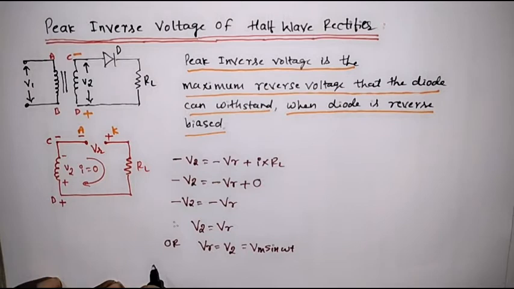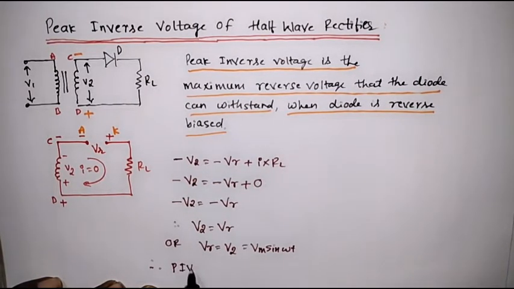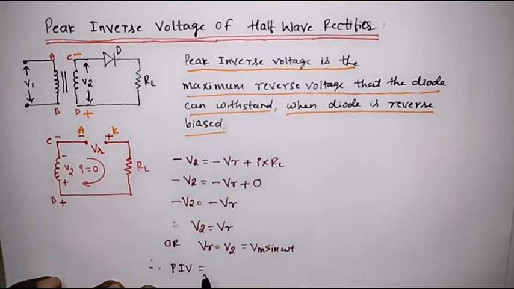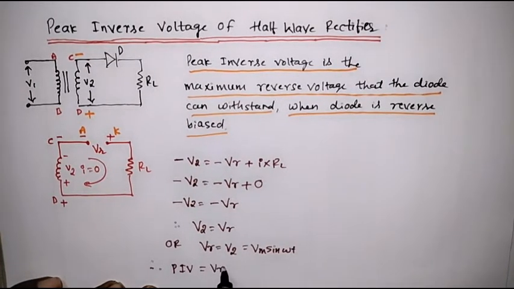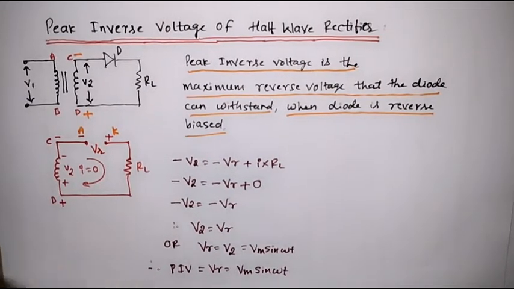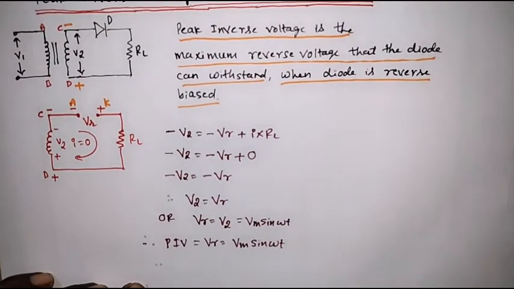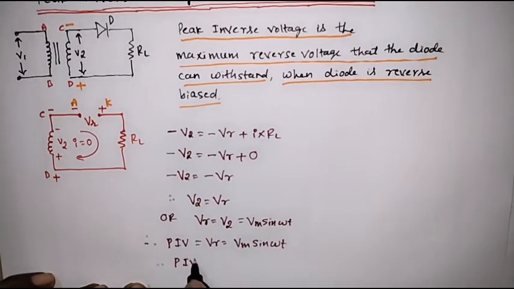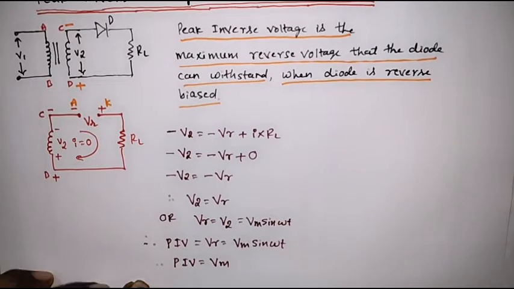Therefore, the peak inverse voltage, that is PIV, is equal to VR, which is equal to Vm sin omega t. If we assume sin omega t is equal to 1, in that case the peak inverse voltage for the half wave rectifier will be equal to Vm.